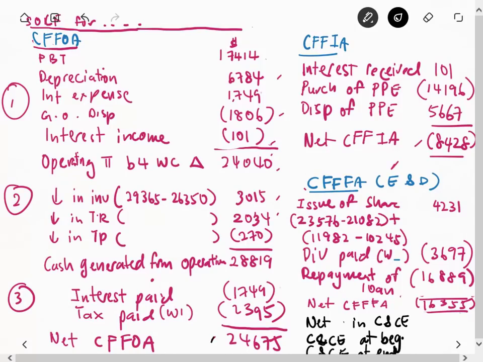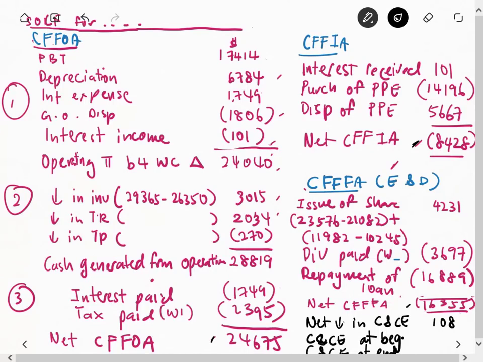24,000 minus 8,000 minus 16,000 here. So overall up or down? So you write there net decrease in cash and cash equivalent 108.